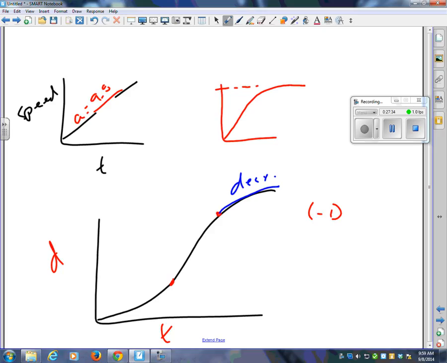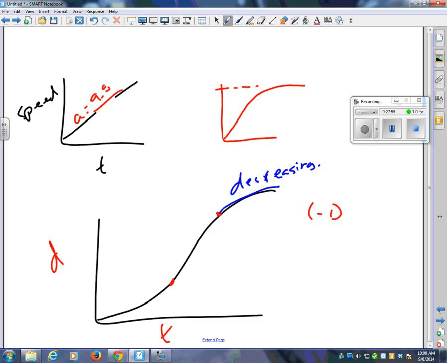How do you know it's there? What quantity is decreasing? Because the line is still going up, is it not? The slope. Is that what you're trying to say? Yeah, the slope is flattening out, so it is slowing down. Very good.